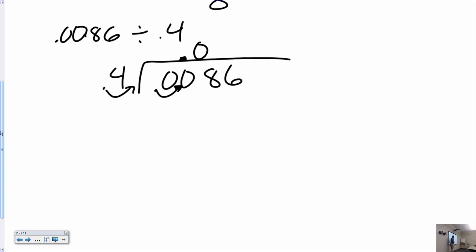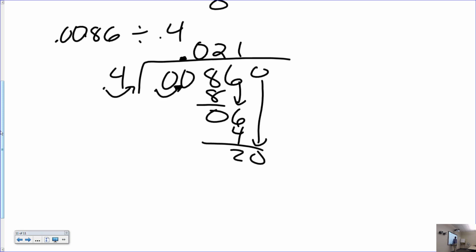How many times does 4 go into 8? 2. Remember, when it's zeroed out, if you've still got numbers, you got to keep going, right? How many times does 4 go into 6? 1. And don't forget you get a free 0. 0.0215. Okay?